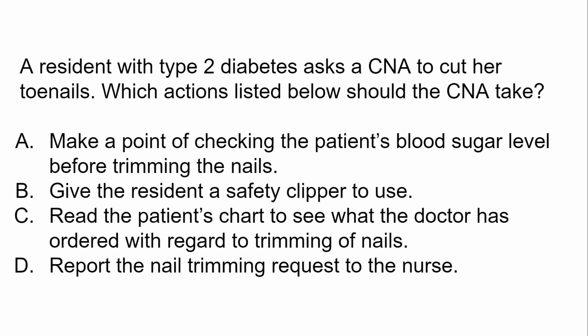C, read the patient's chart to see what the doctor has ordered with regard to trimming of nails. Or D, report the nail trimming request to the nurse. Correct answer is C. Read the patient's chart to see what the doctor has ordered with regard to trimming of nails.